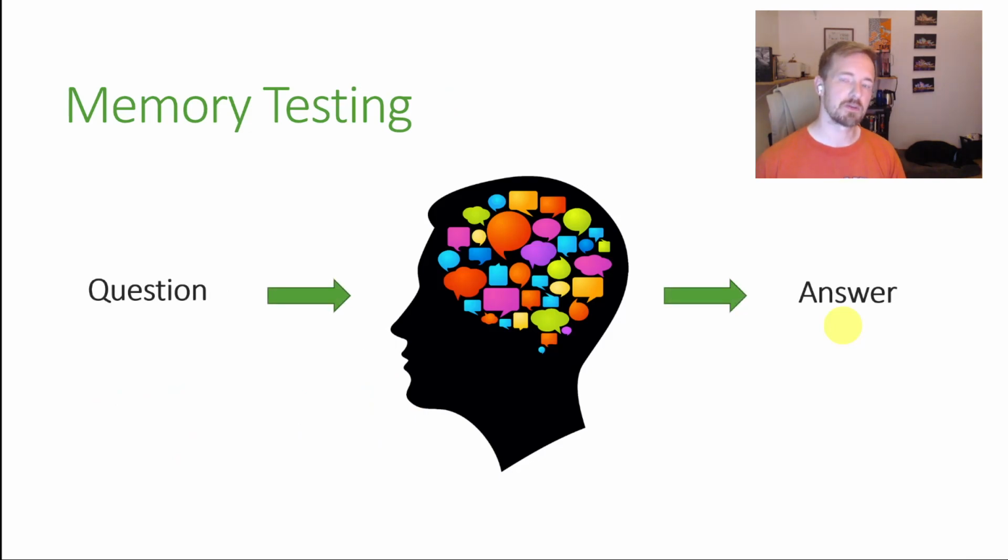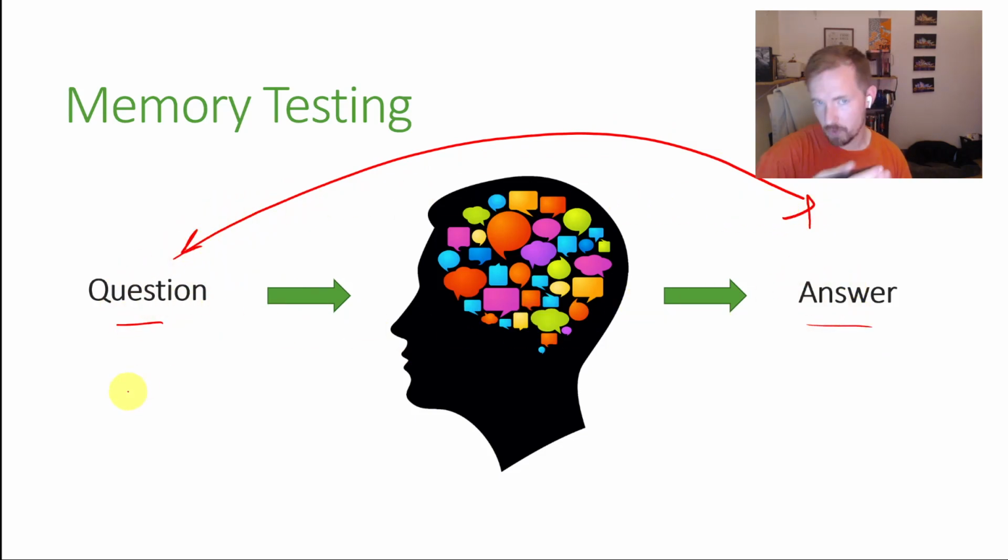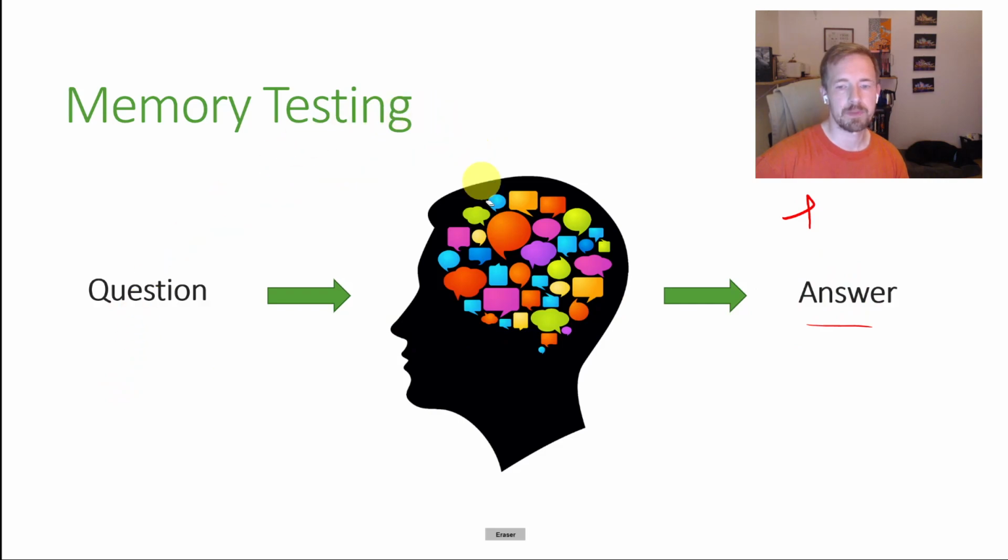So, in terms of memory, how this relates to memory just means that because I can't directly see your memory, we have to be very careful about what we're putting into this black box here. We have to be very careful what kind of questions we're asking, because that is going to easily change the answer. What we're ultimately trying to do is find the relationship between the input and the output, or the independent variable and the dependent variable, and those mechanisms are inside our brain.